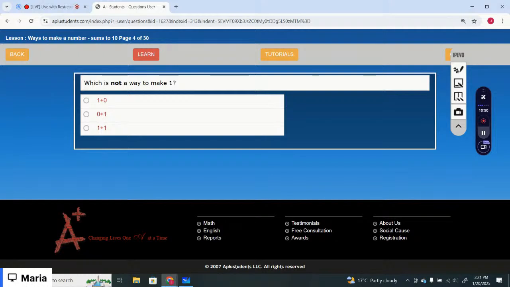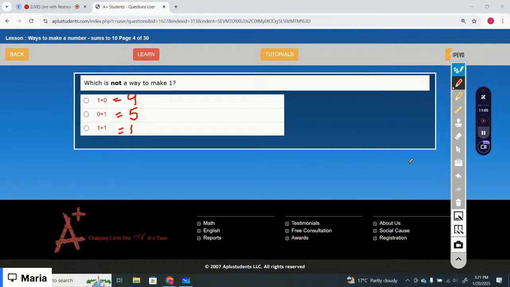Which is not a way to make 1? So you don't have to make 1, right? So you need to select the option that does not make 1. So let's just add: 1 plus 0 makes 1, 0 plus 1 makes 1, and 1 plus 1 makes 2.